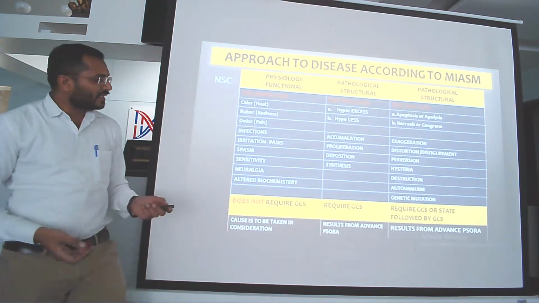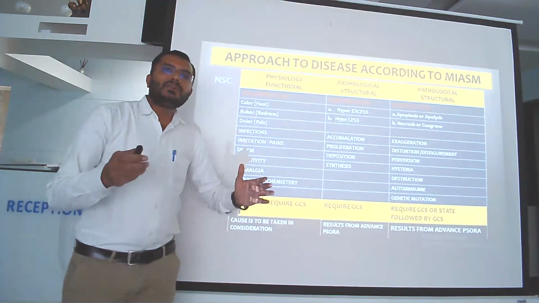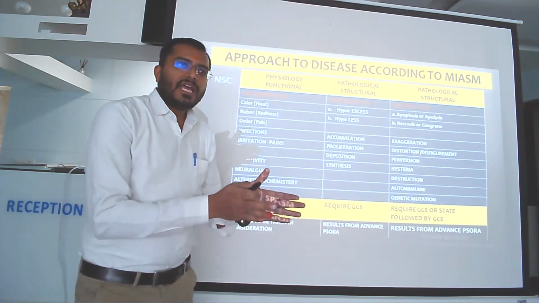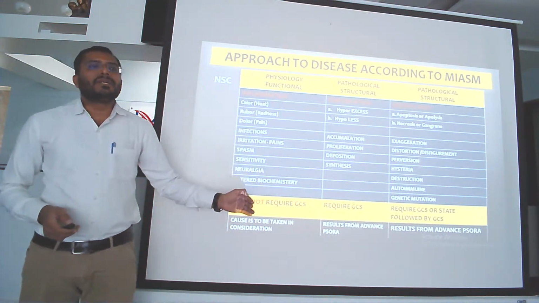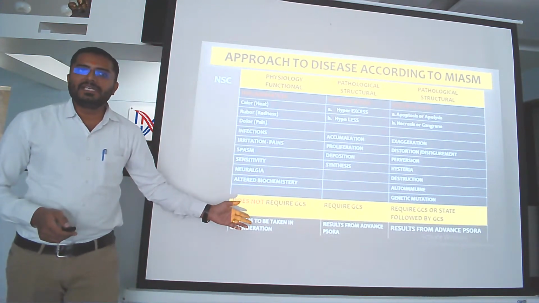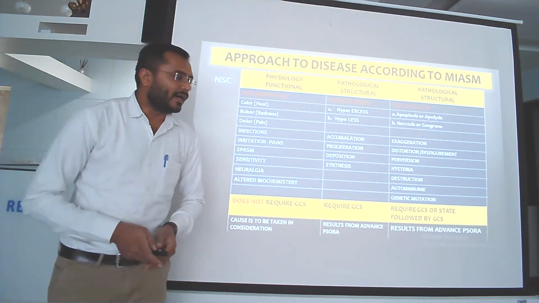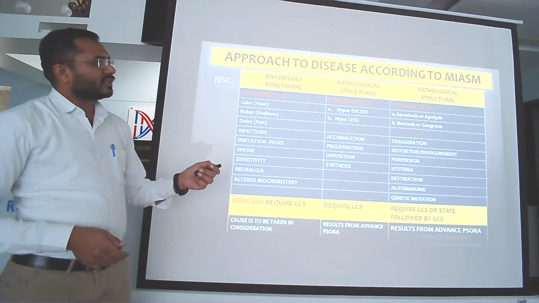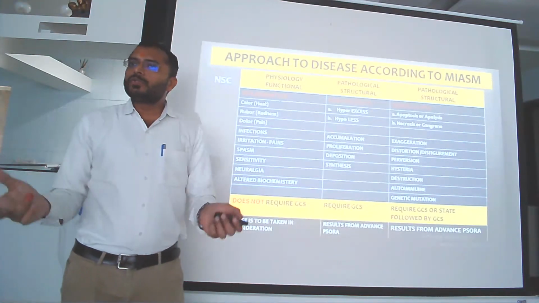So in that illness, we have a sensitivity. We need to understand the reactions, the sensitivity and the ailment, and then prescribe. No need of GCS in acute physiological cases. Very clear? Now we go further into structural changes. When there are structural changes in the body, there must be two changes.